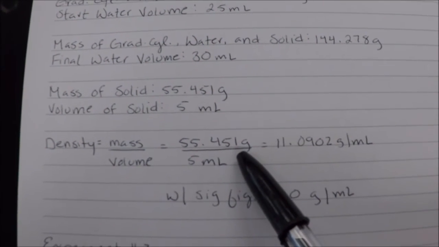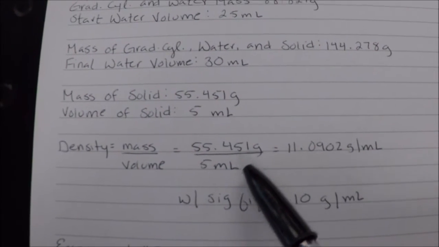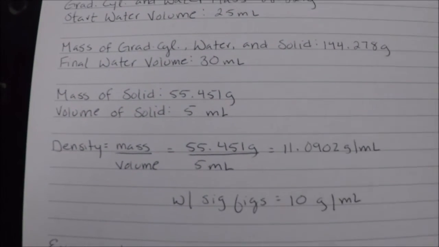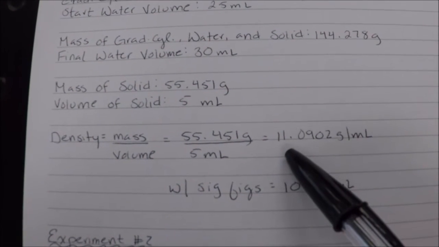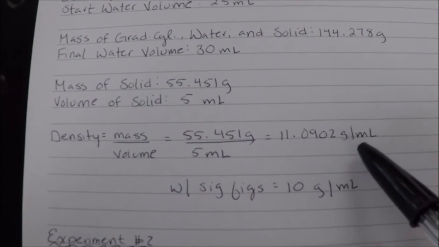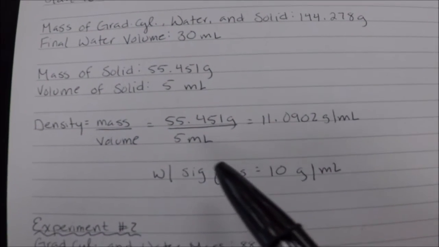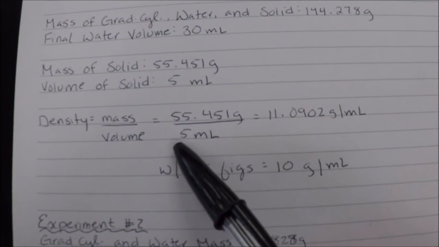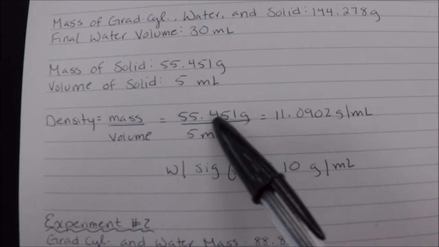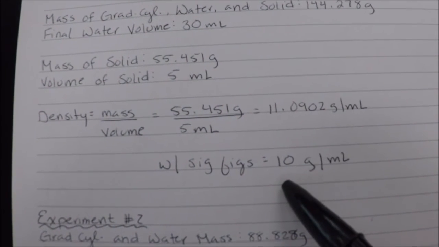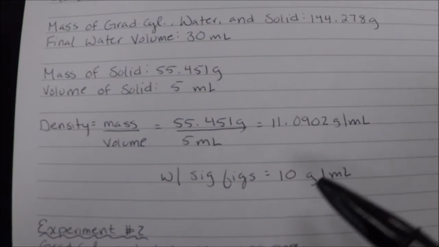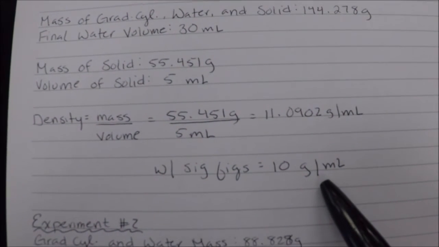So our mass we got was 55.451 grams divided by 5 milliliters, and the exact value that we got was 11.0902 grams per milliliter. But because of our significant figures, we only need one significant figure, and so we're going to use 10 grams per milliliter for further calculations.